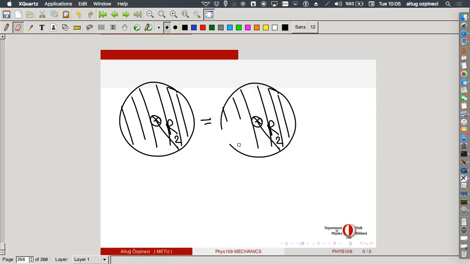I just take this one plus this one. Do you agree? This whole mass is just this mass with this hole over there plus this mass over there. Where is the center of mass of this one? It's at the center. It's over here.